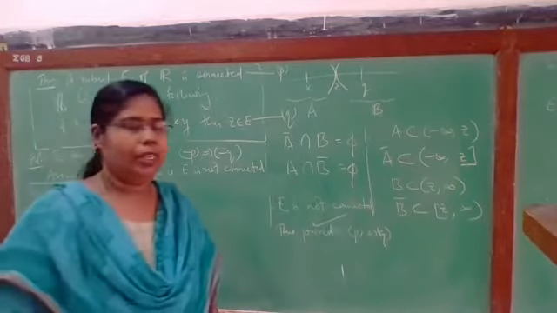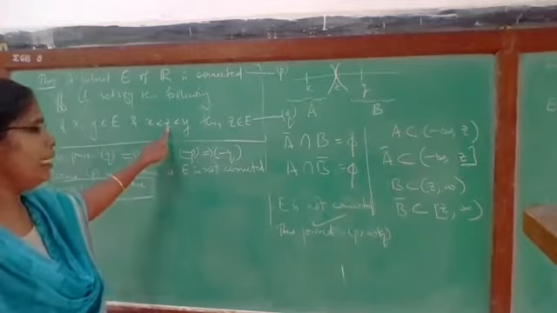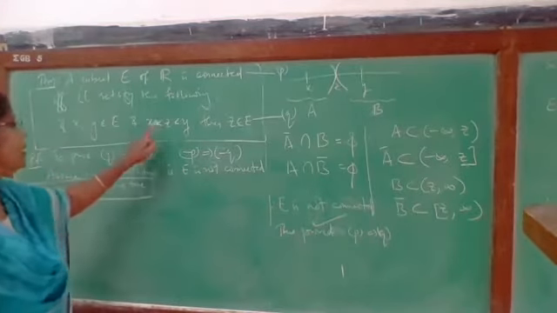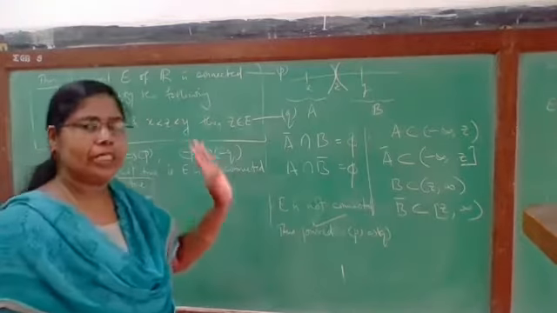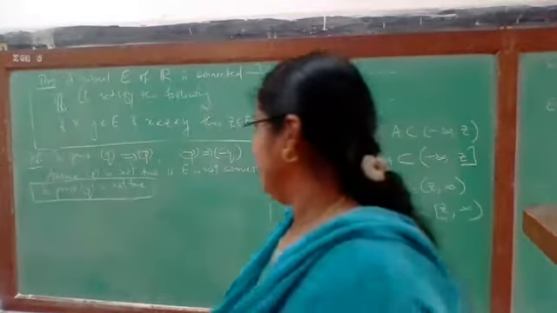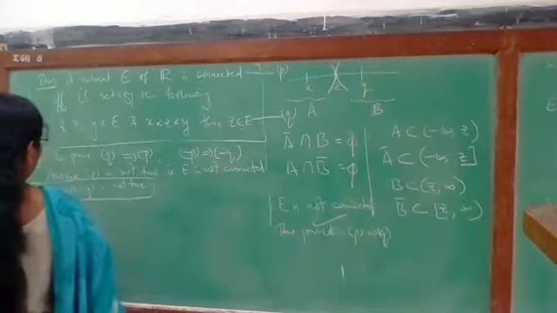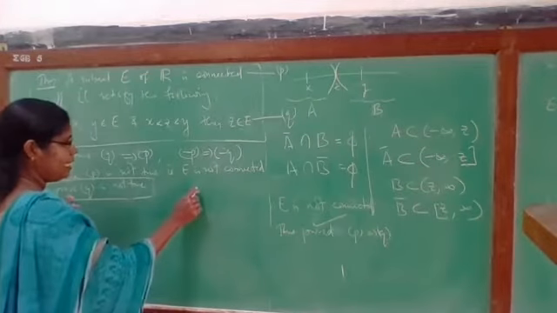That means we have to find three points x, y and z such that x less than z less than y, x and y are elements of E, but z is not an element of E. So we have to find three points like that. We can achieve this from our assumption that E is not connected.